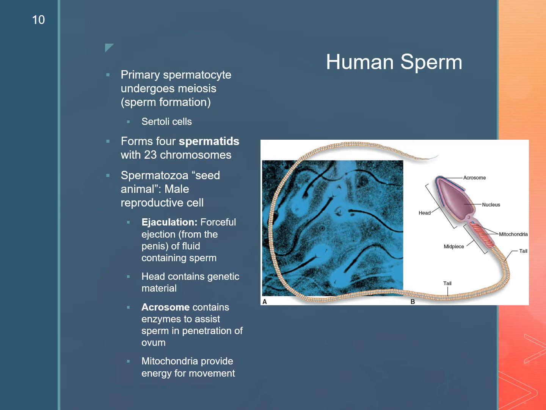And the acrosome is an enzyme-rich area that allows the sperm to penetrate the egg when it does indeed find its way there.